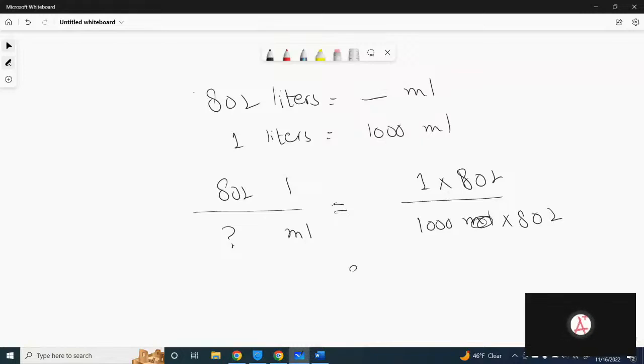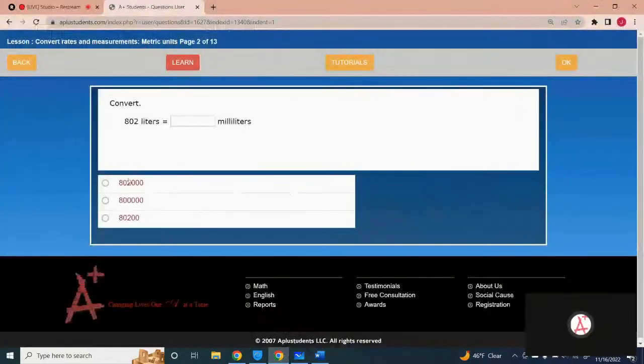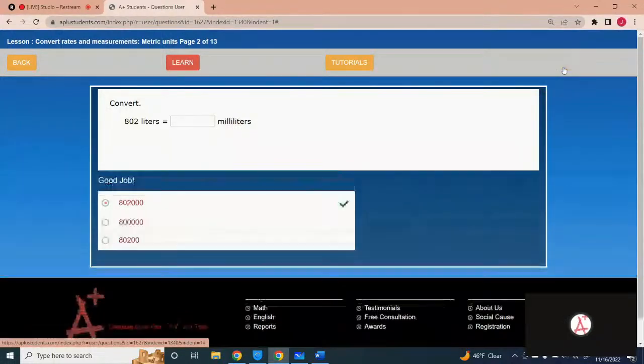It would be 1 times 802, and 802 times 1000 is 802,000. Got it? So in 802 liters you have 802,000 milliliters. So the correct option is 802,000, the first option. Just select the correct option and click on the OK button.